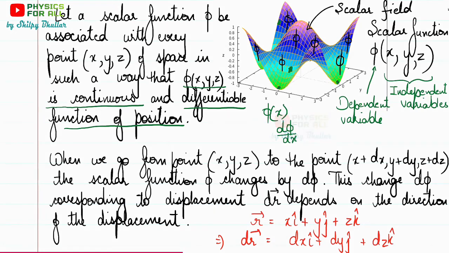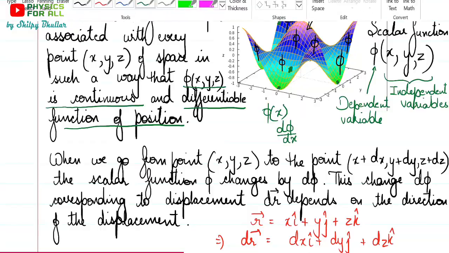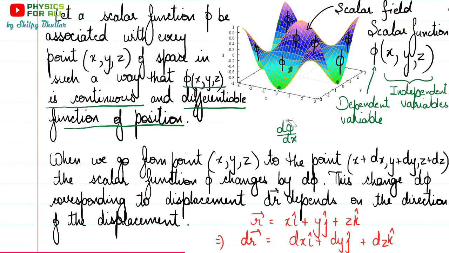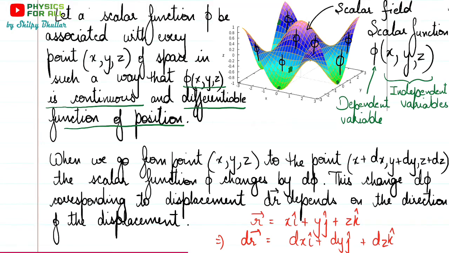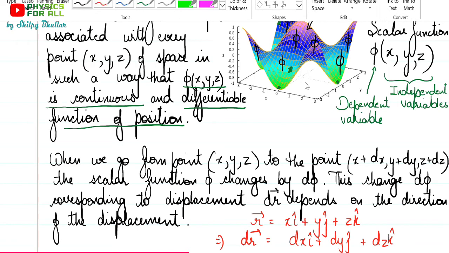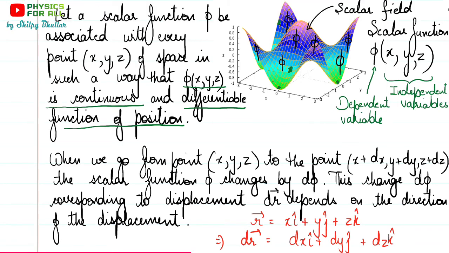But what's the case here? The case is different. Here phi depends on not only one but three variables, three different variables, which are the three coordinates.